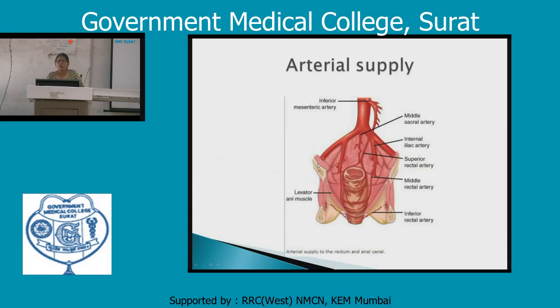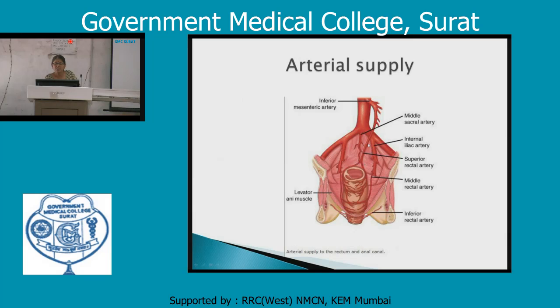Now, arterial supply of the rectum. Rectum is part of the hindgut, so it is supplied by the artery of the hindgut, the inferior mesenteric artery. The rectum is supplied by the terminal branch of the inferior mesenteric artery, meaning the inferior mesenteric artery itself continues as the superior rectal artery at the pelvic brim. It crosses the common iliac vessels on the left side and continues as the superior rectal artery opposite the S3 vertebra.